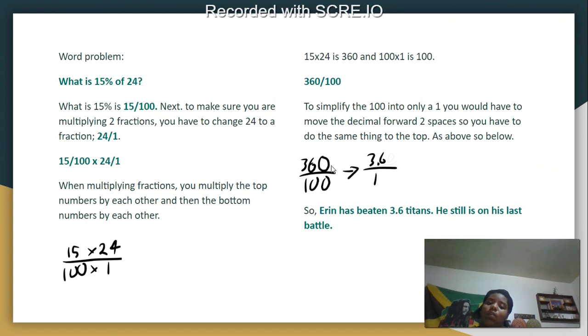And when you do the same thing to the top, the 360 would go from 360 to 36 to 3.6. And now your new fraction is 3.6 over 1. And that's the same as just saying 3.6. So, Aaron has beaten 3.6 Titans, and he's currently still fighting the last Titan.